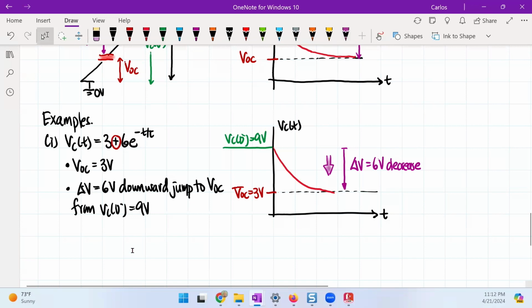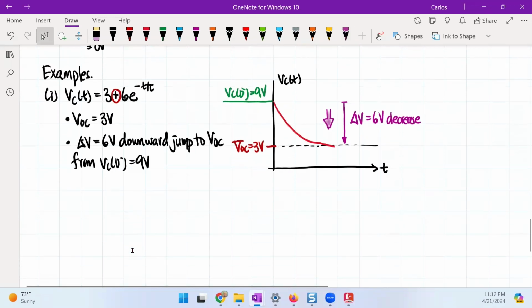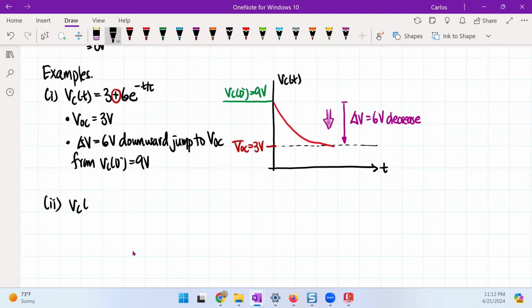So just one last one here. Suppose we have Vc of t equal to -1 plus 8 e to the minus t over tau. So immediately we conclude that VOC must be minus 1 volt.